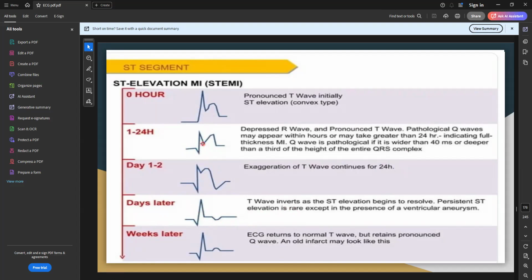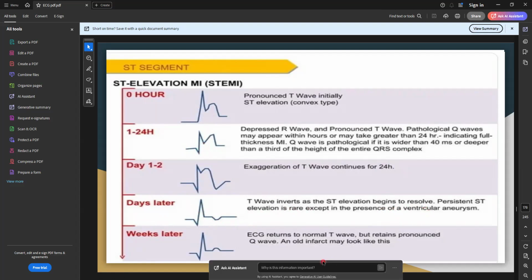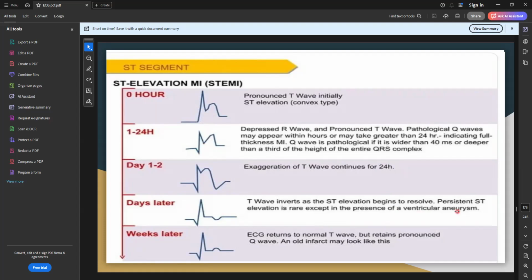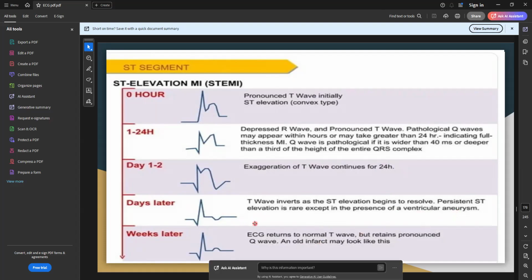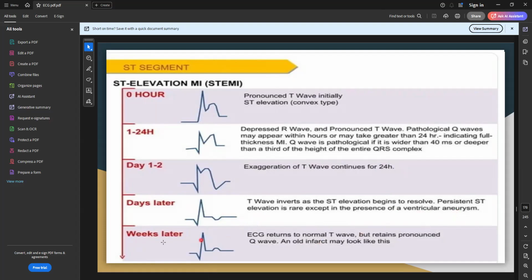So this ST segment elevation begins to resolve. But in some cases of ventricular aneurysm, this ST elevation may persist. This is how the ST segment has started resolving.